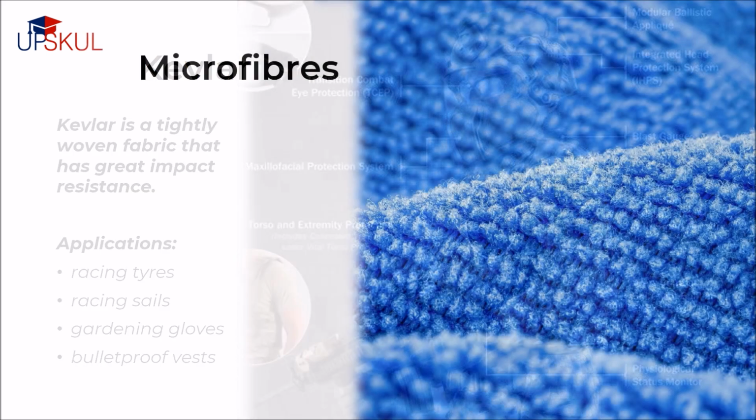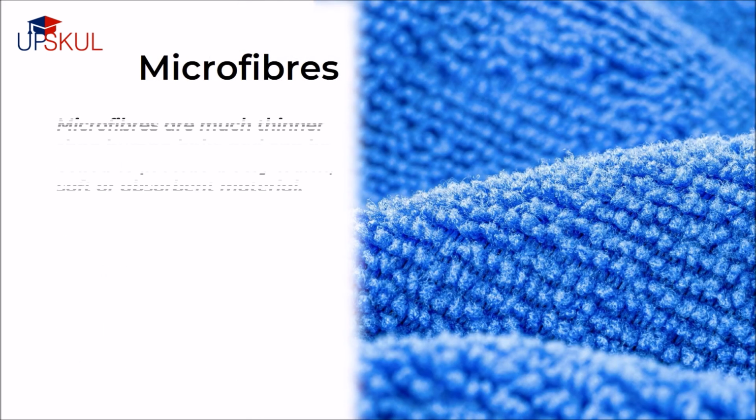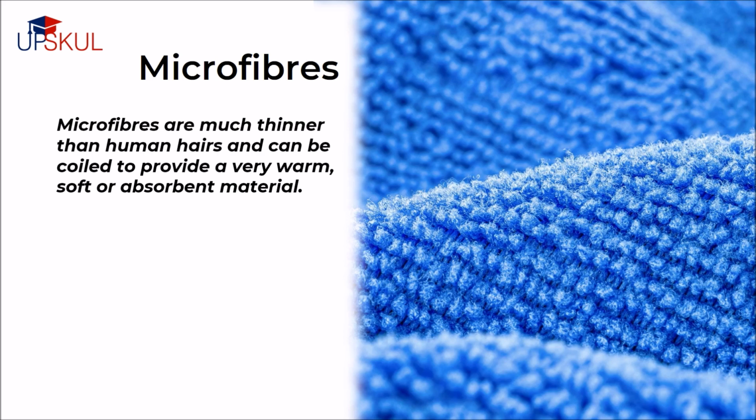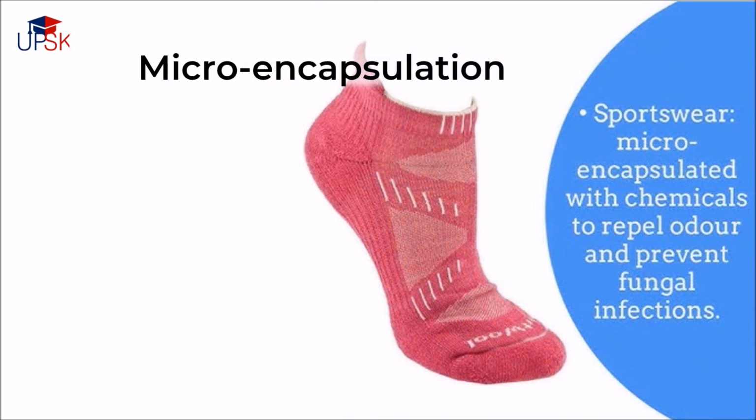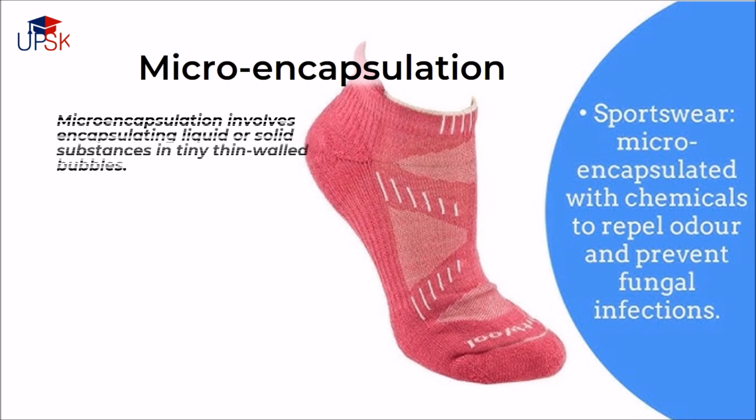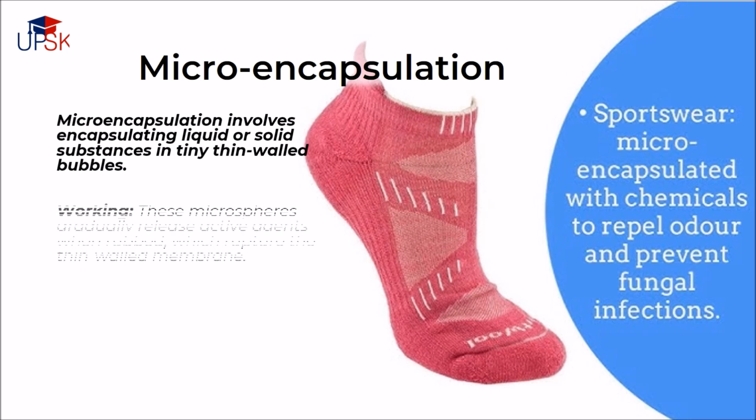Microfibers are much thinner than human hair and can be coiled to provide a very warm, soft, or absorbent material that can be used in winter clothes or products such as cleaning cloths. Microencapsulation involves encapsulating liquids or solid substances in tiny thin-walled bubbles.